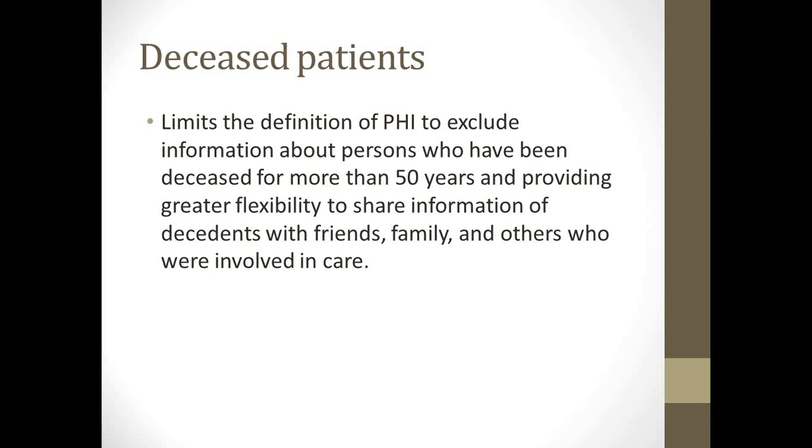Providers may disclose only protected health information that is relevant to the family member, relative, or friend's involvement in the deceased's care. Protected health information cannot be disclosed if the deceased person expressed a prior preference for it not to be disclosed. This is very, very important.